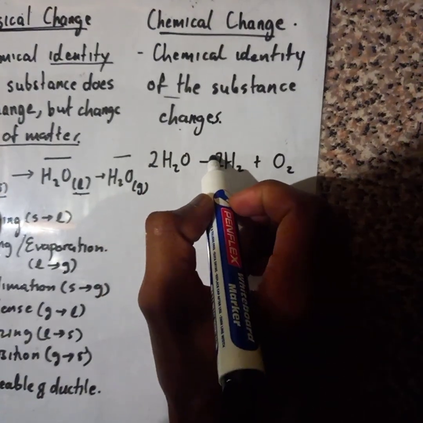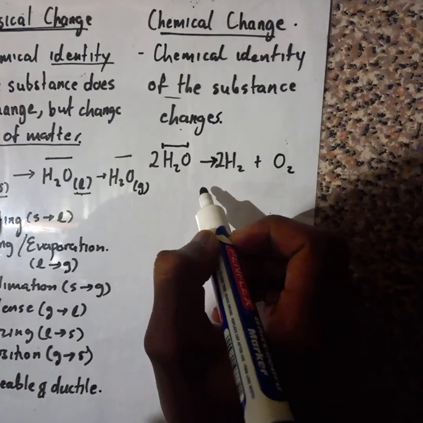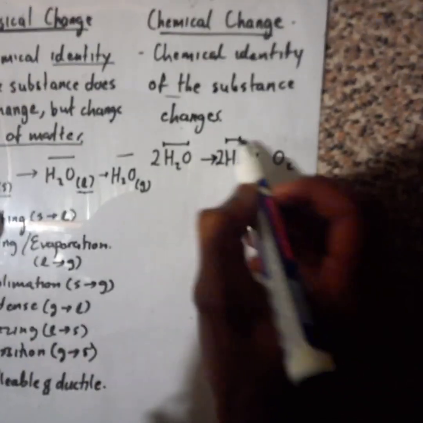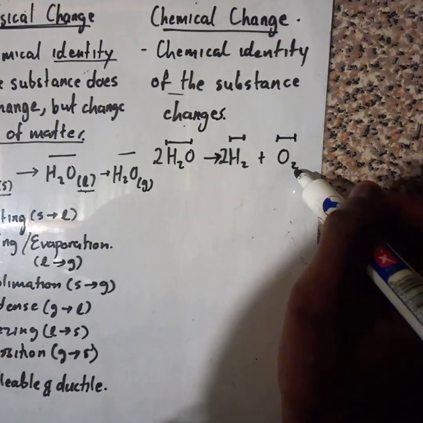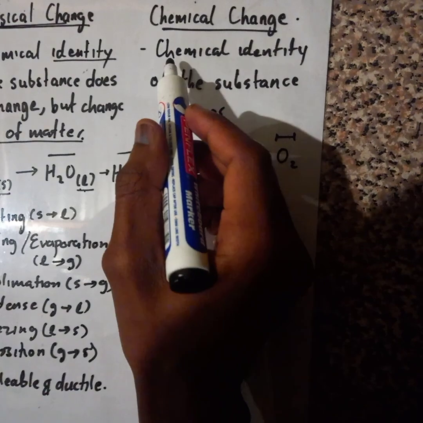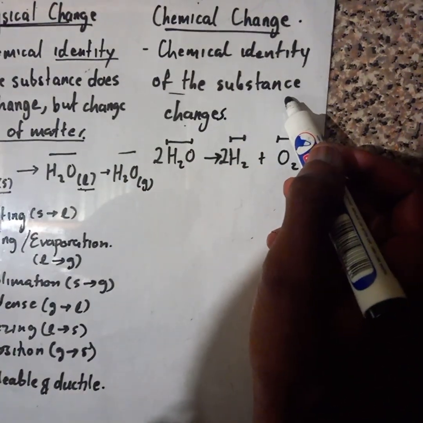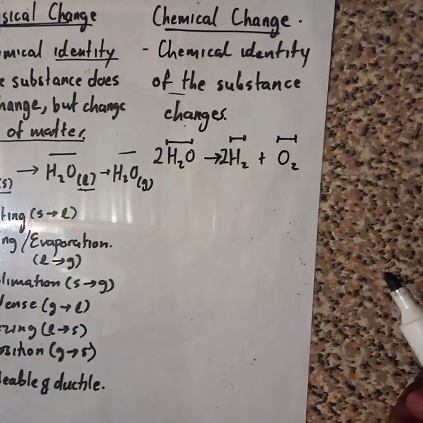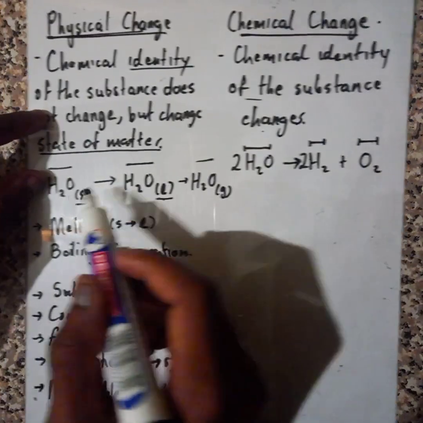On our left hand side we had H2O. Then on our right hand side we had H2 as well as O2. The chemical identity of the substance has changed now. We have something which is totally different compared to this one.